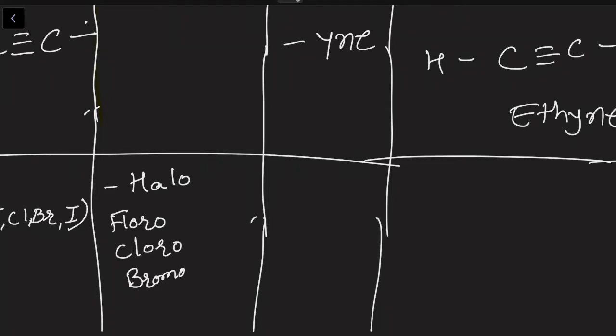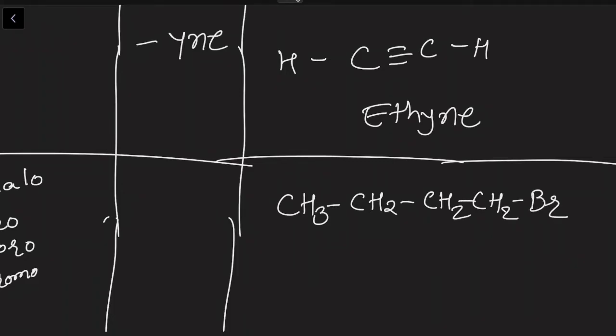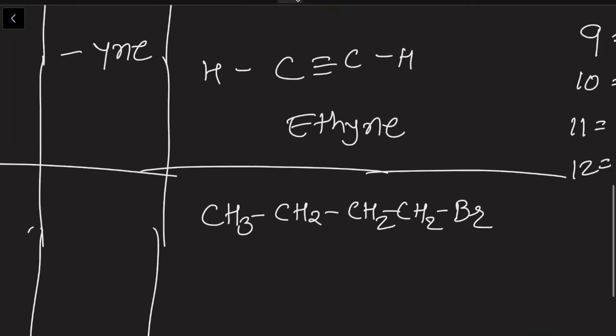It does not have a suffix, and the naming could be like this: let's do CH3, CH2, CH2, CH2, Br. And we will call it, there are 1, 2, 3, 4 carbons.